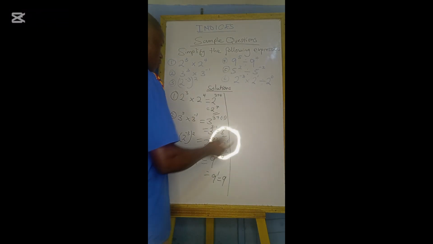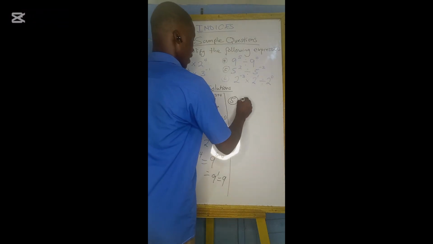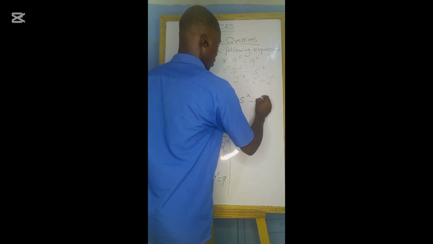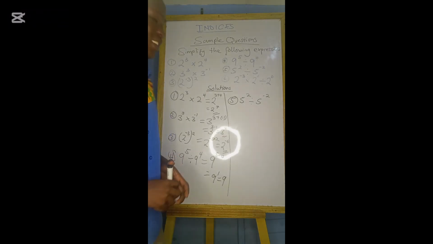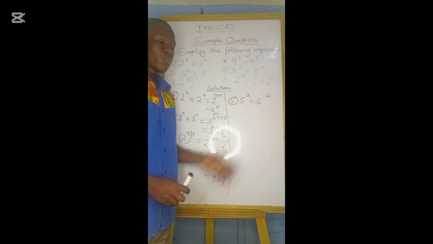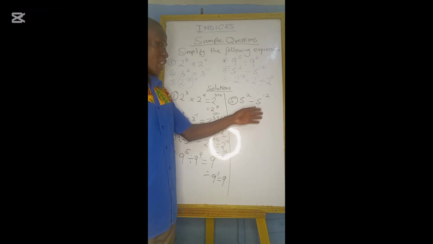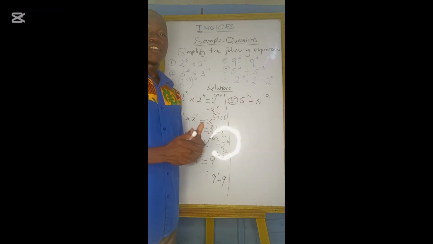So let's go to the 5th example. And that is 5 raised to the power 2 dividing 5 raised to the power -2. What do you think about this question? Very simple. So the application of the second law, which we have done here, we are subtracting the exponent. But in this case, it's going to turn to addition.